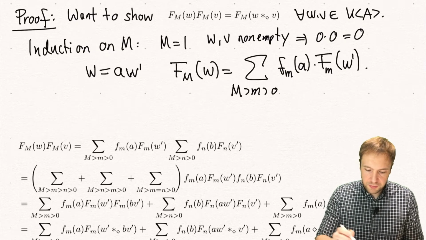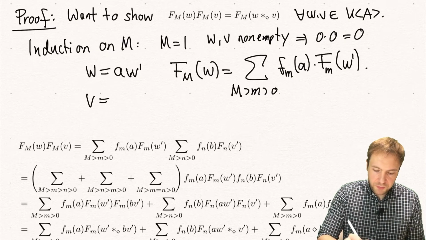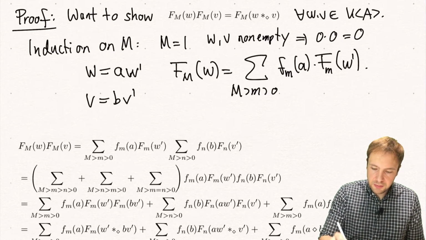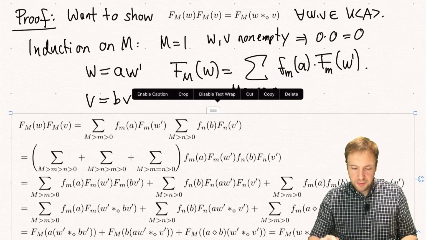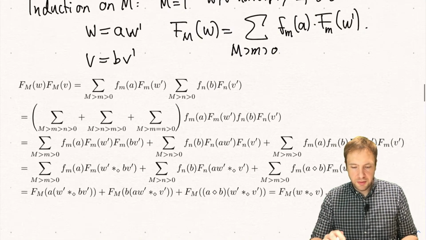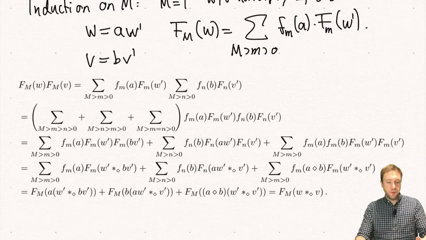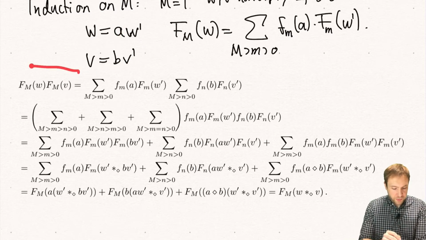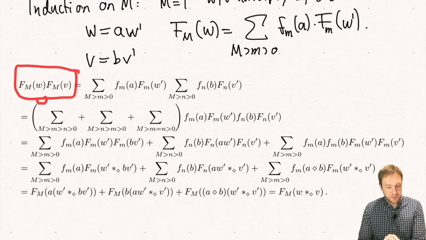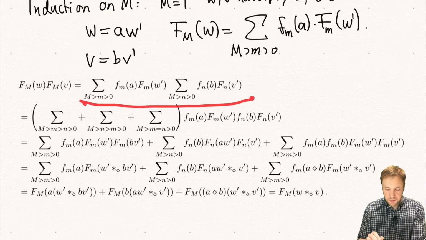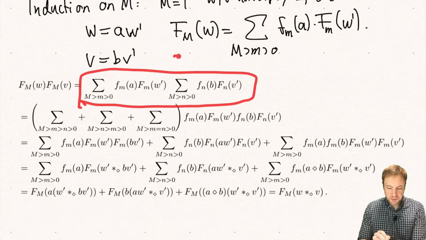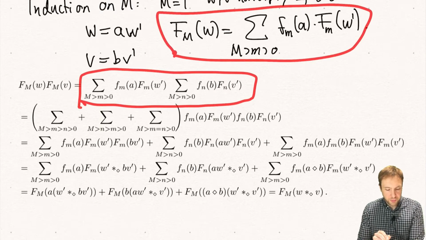So now let's assume we have two words like this. I have a word w starting with a and a word v starting with b. And I now want to calculate the product of fmw and fmv. By definition, this is just this because of this equality here.